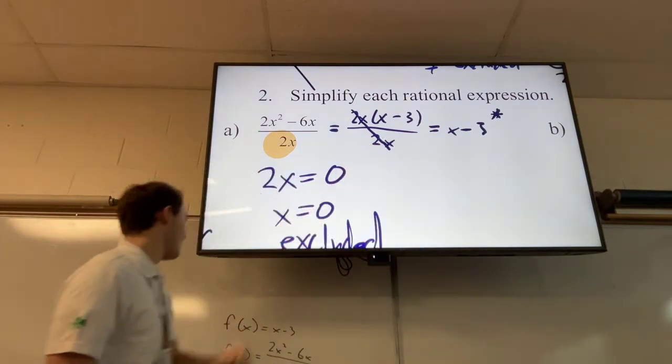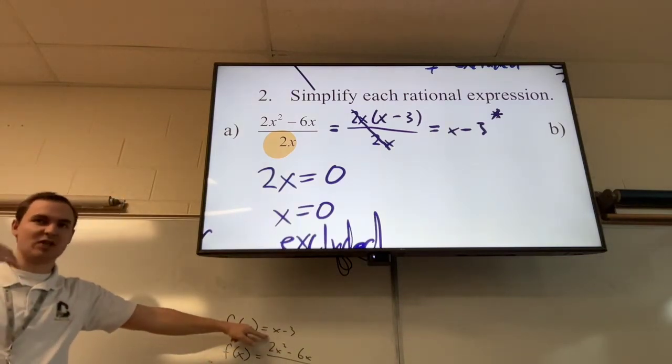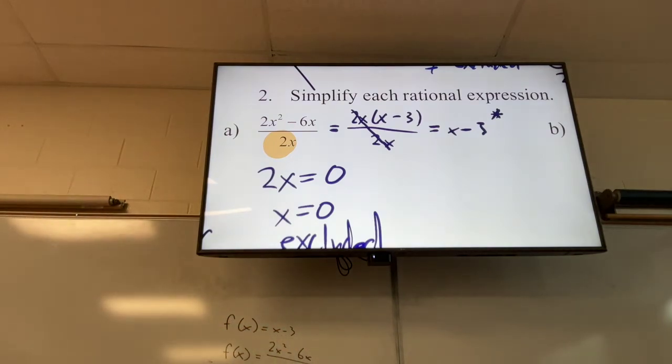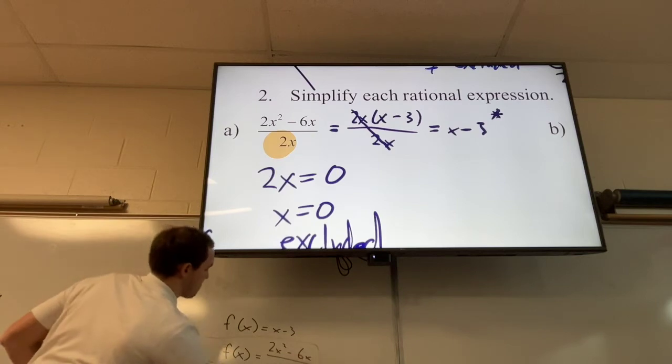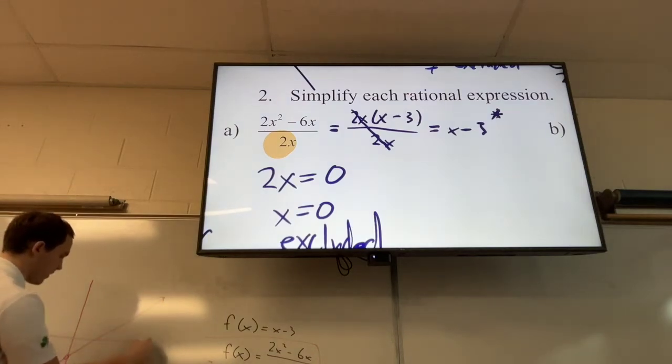So if I were to graph the line x minus 3, just that original function, it has no excluded values, right? x minus 3 is going to be the line that looks like this. This other function, I'll do it in red, its graph is going to look the exact same, except when we get to that excluded value of 0, at x equals 0, there's going to be what's called a hole in the graph.